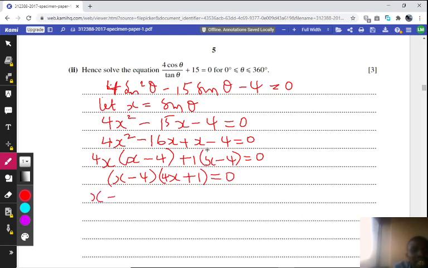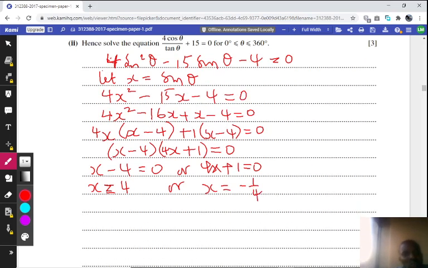It's either x minus 4 equals 0 or 4x plus 1 equals 0. So either x equals 4, or on this one, if you simplify, you get x equals minus 1/4.